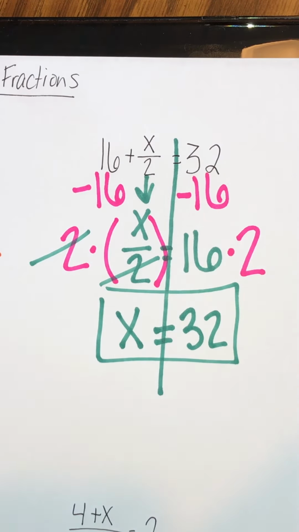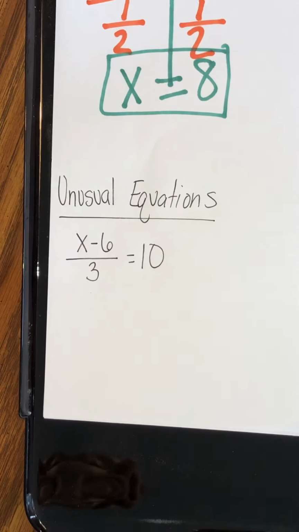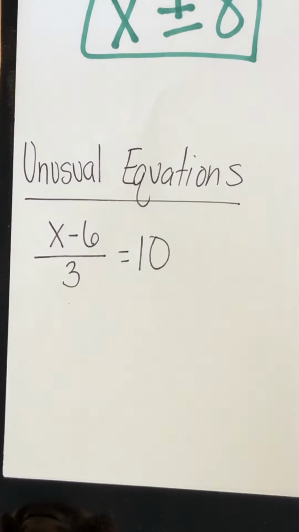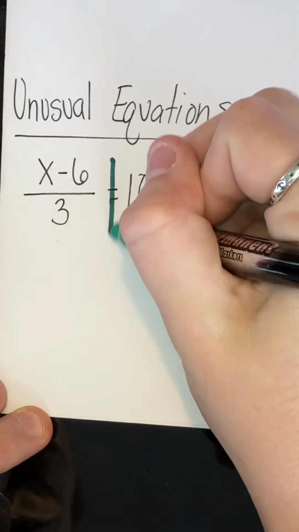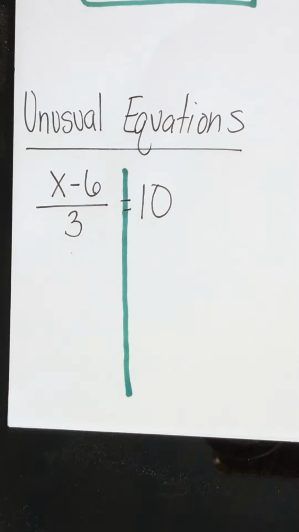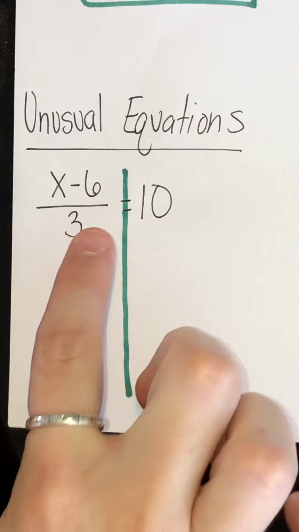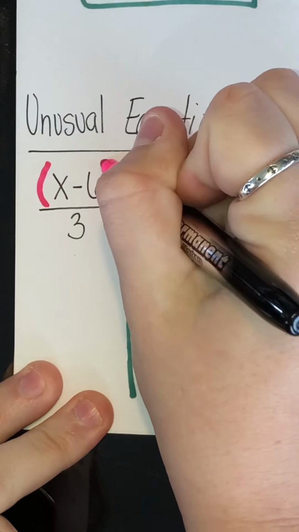All right, next I want to show you some of those unusual equations that we talked about. Remember, these don't necessarily follow the two-step order. You still want to draw your line, because that's always just a good place to start. But the difference over here is that even though there's not parentheses, we can kind of assume that they are.